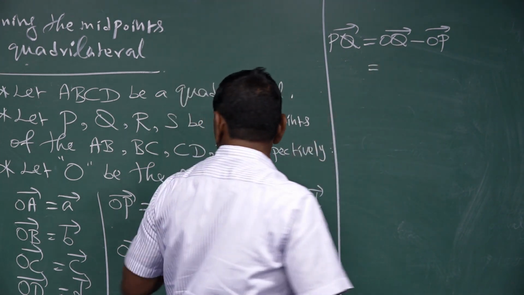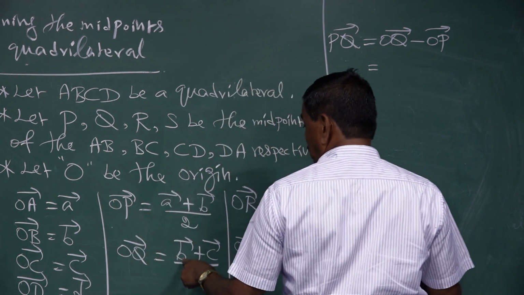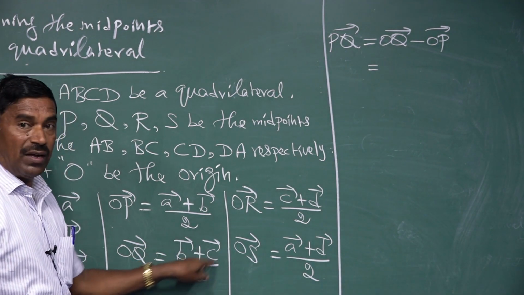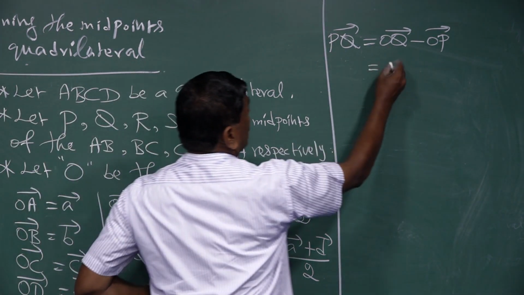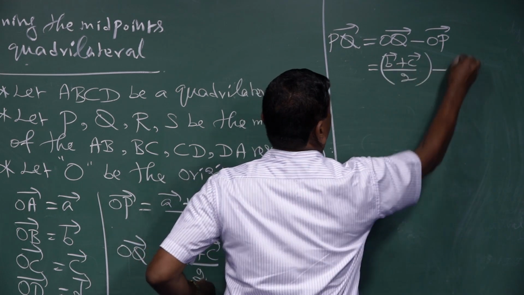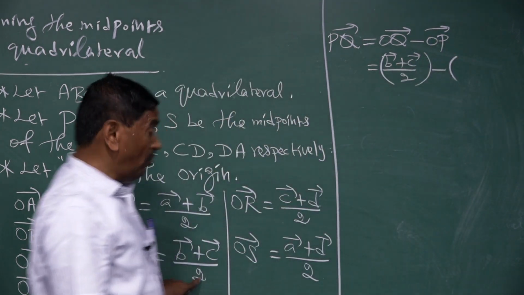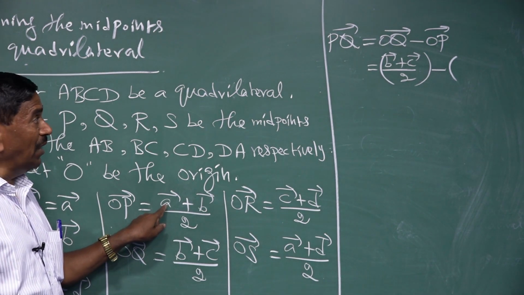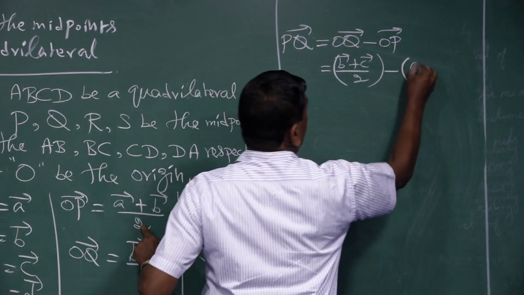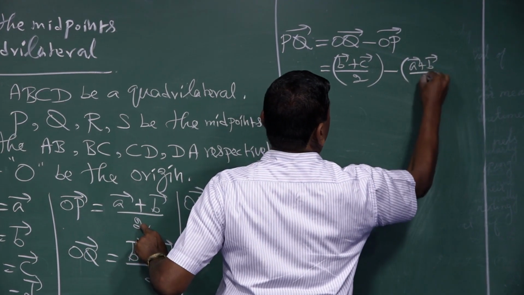OQ vector is equal to B vector plus C vector by 2. So OQ vector is equal to B vector plus C vector by 2 minus OP vector. What is OP vector? A vector plus B vector by 2.